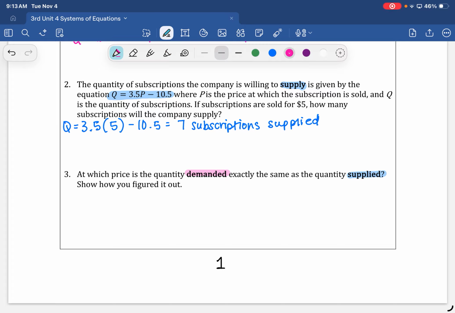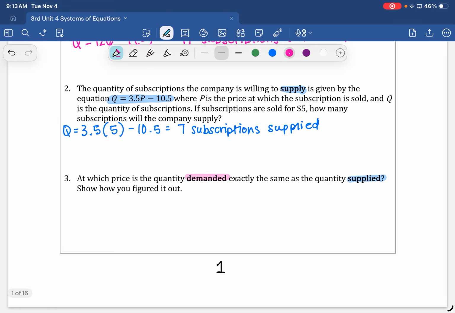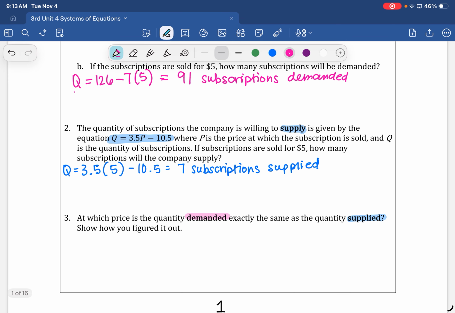What would I need to do to figure that out? Input the number into Q. Not quite. We do need to do something with Q. What do both equations have in common? Well, even without plugging in the 5, what do they both equal? Q. Yeah, they both equal the number of subscriptions, right?